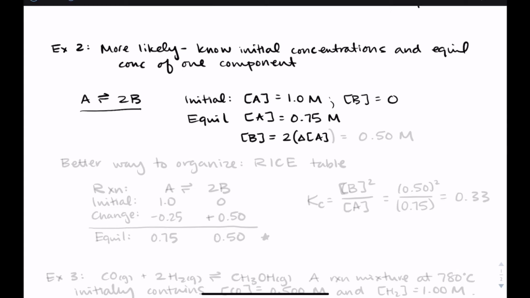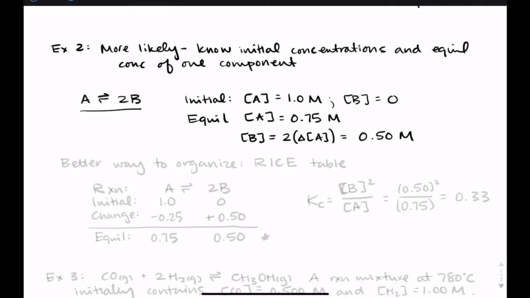My concentration of A went down by 0.25 molar. So my concentration of B has to be twice that because I have a 2 coefficient in front of it. So my concentration of B at equilibrium is 0.5 molar.